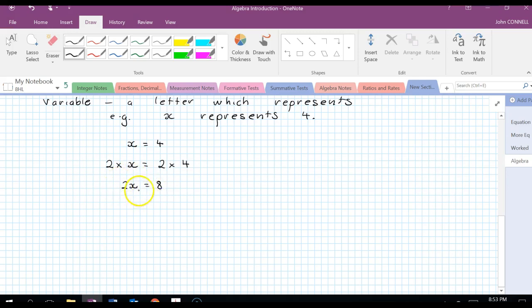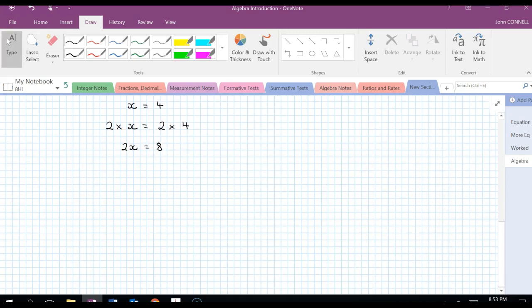So 2 times x and 8 are the same thing. Then I can add 5 to both sides. So I can go 2x plus 5 is equal to 8 plus 5. So 2x plus 5 is equal to 13. 13 and 2x plus 5 are the same thing.